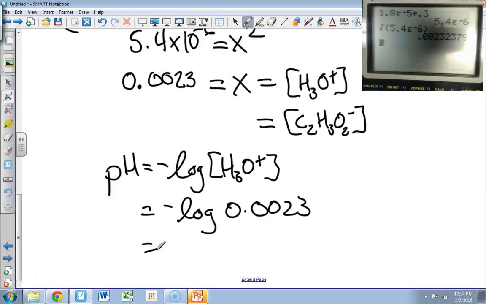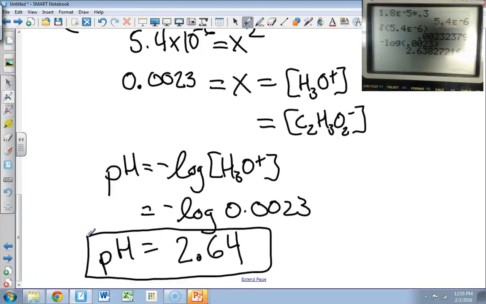Again, let's plug this in. Negative log of 0.0023. And when we do that, we get a pH of 2.64. Okay, so that's our pH.